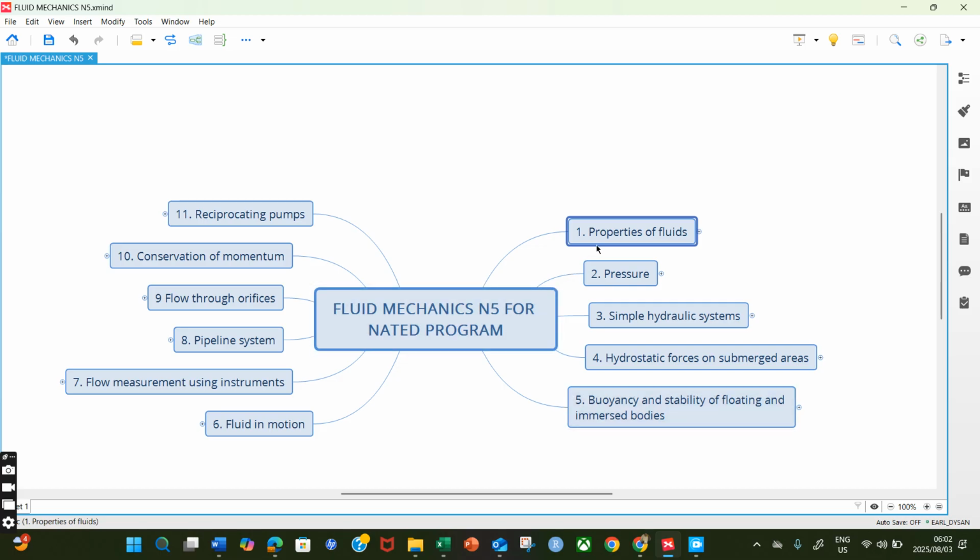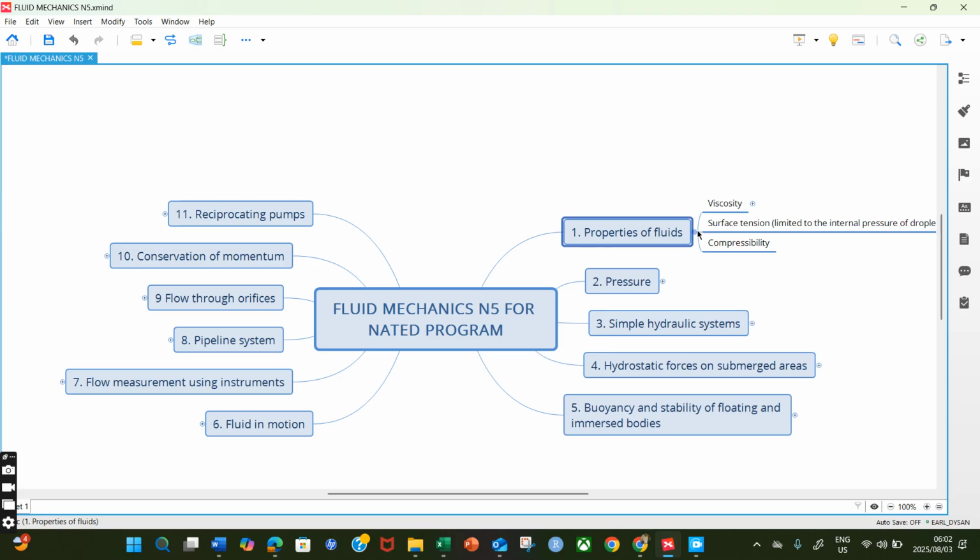Today, we're going to discuss the properties of fluids. We're going to take each property separately, and I'll show you how to go through the calculations. In as much as I'll be focusing on the calculations, make sure that you also study the theory, like the definitions and all the related principles that go with each module.